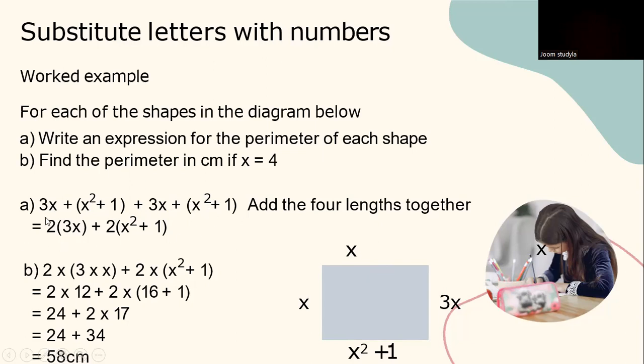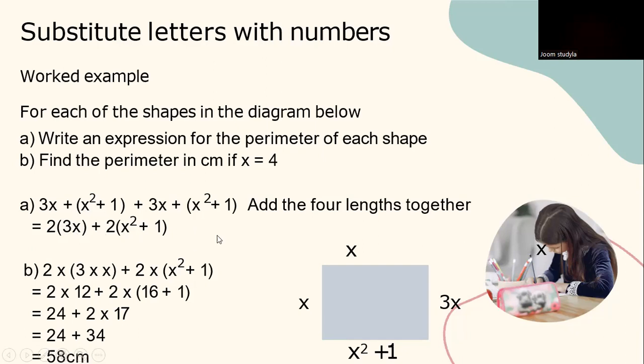It means that 3x is repeated 2 times, and x to the power of 2 plus 1 is also repeated 2 times. So that means 2 open bracket 3x plus x to the power of 2 plus 1 close bracket.